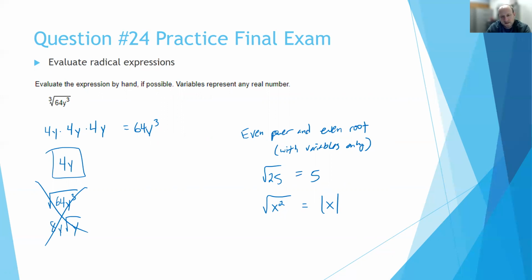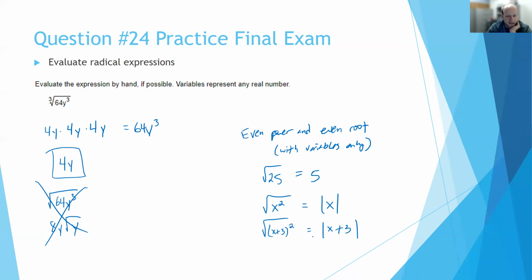That's because this x, I don't know what it is. I don't know what x is. But when I take it out, it has to be a positive thing. So it has to be the absolute value of x. So if I have something like the square root of x plus 3 squared, I also need absolute value bars for that.